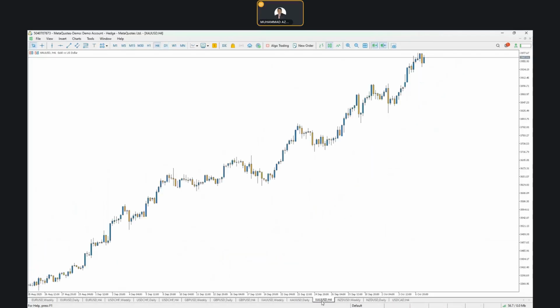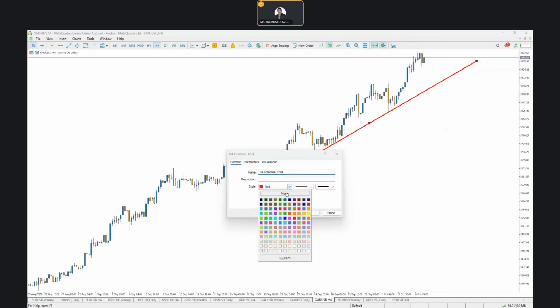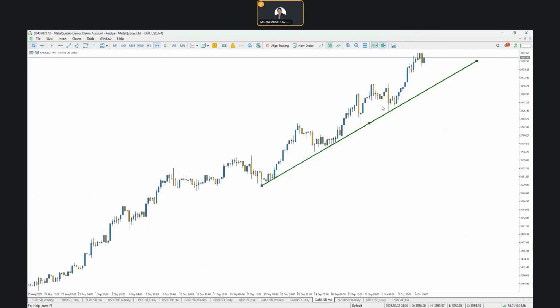If you go to a 4 hour time frame, same story. Price action just keeps printing higher swing highs and higher swing lows. So it's a nice uptrend going on inside spot gold XAUUSD. The trend looks bullish, and I expect more upside.